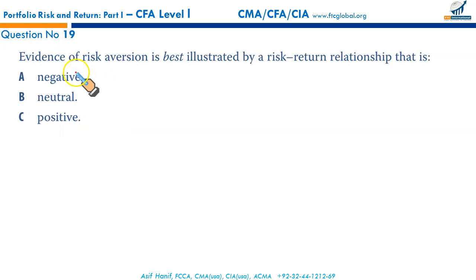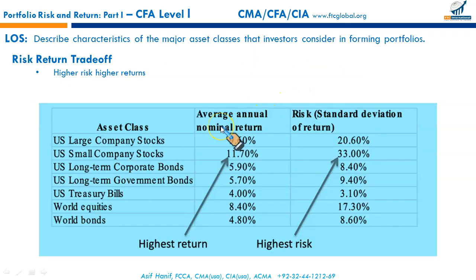Next. Evidence of risk aversion is best illustrated by a risk-return relationship that is negative, neutral, or positive. This is about nearly 70-80 years of data. It shows that there is a positive correlation between risk and return. Higher risk, higher return. Look at this. The highest risk, 33%, gives you the highest return.